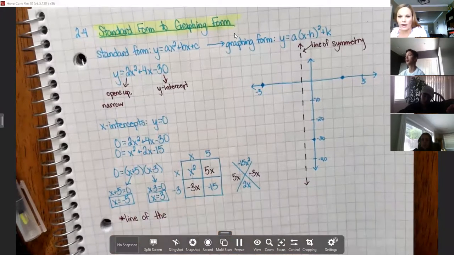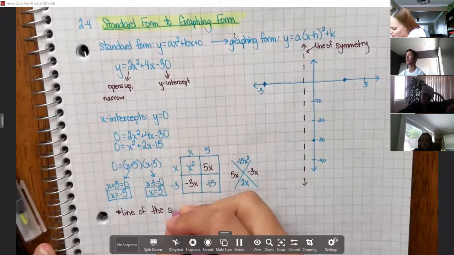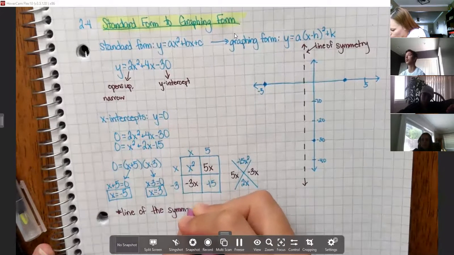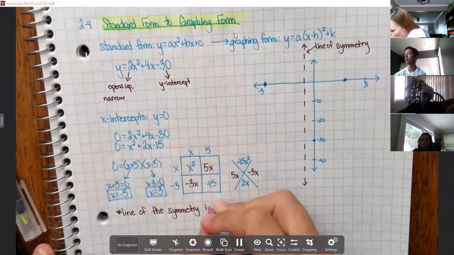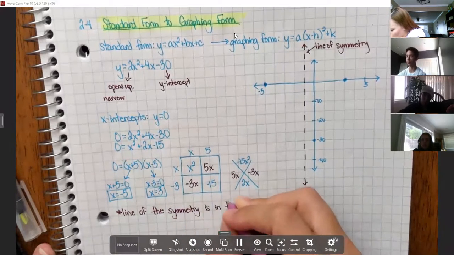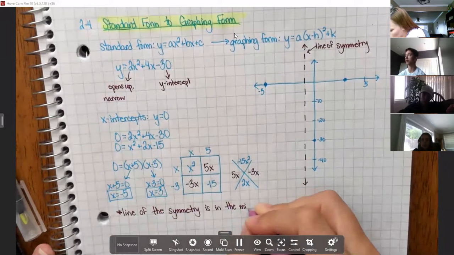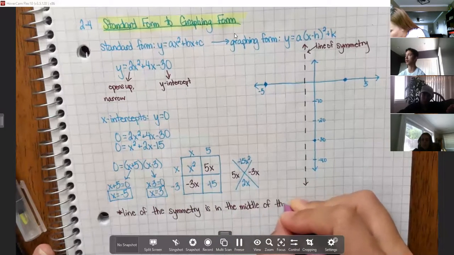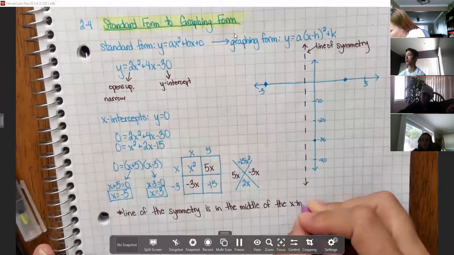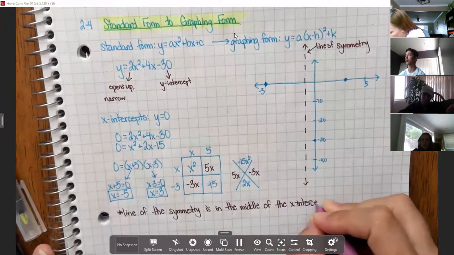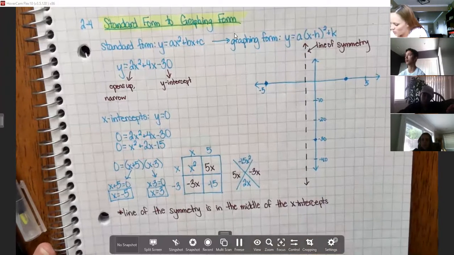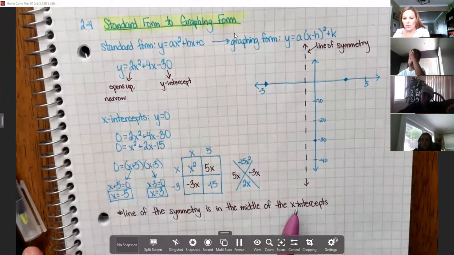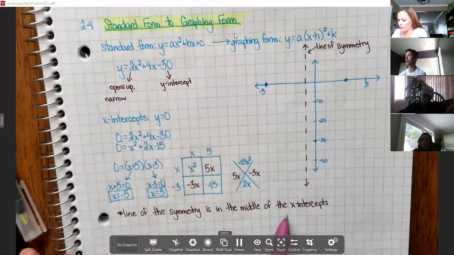So I'll write that in words too. The line of symmetry is in the middle of the x-intercepts. Basically, to find the middle you average them.